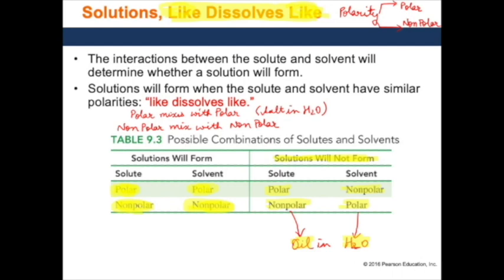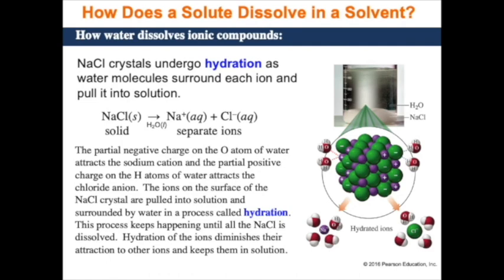Whenever an ionic compound is dissolved in water, each atom of that ionic compound is separated from the others, and water surrounds each ion, which is called the process of hydration.